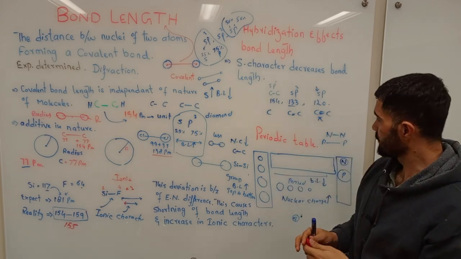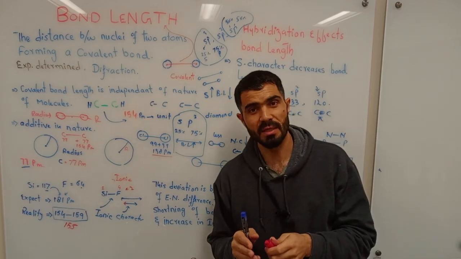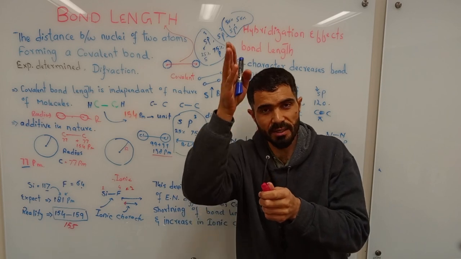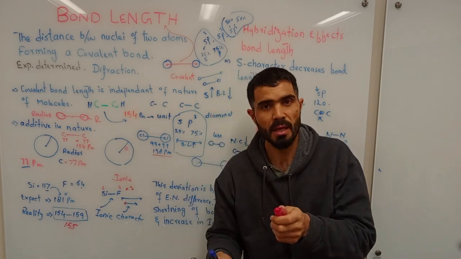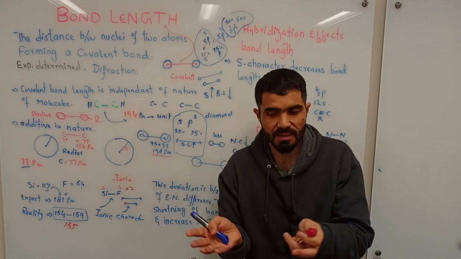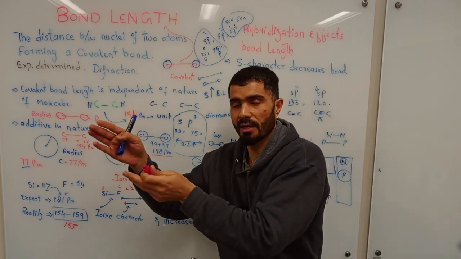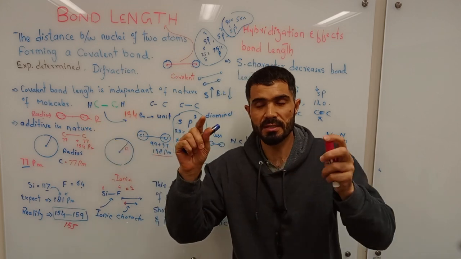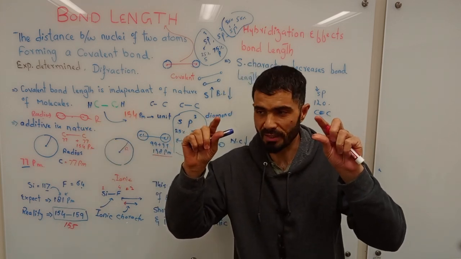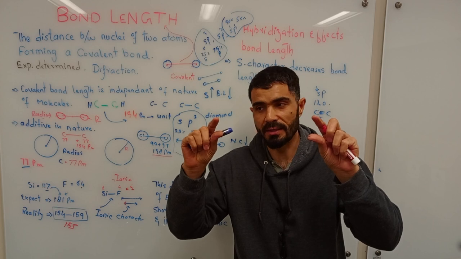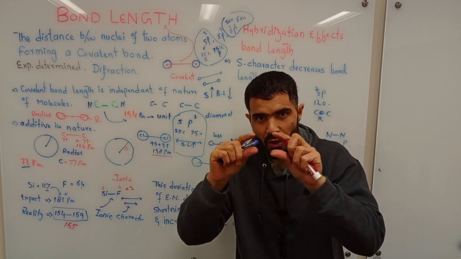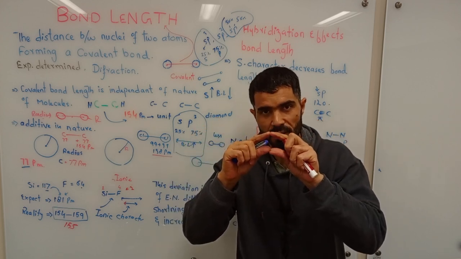And then finally we saw in the periodic table that the bond length increases from top to bottom because the size of the atom increases. And in a period, the bond length decreases because the size of the two atoms is very small and they are very strongly attracted to each other.